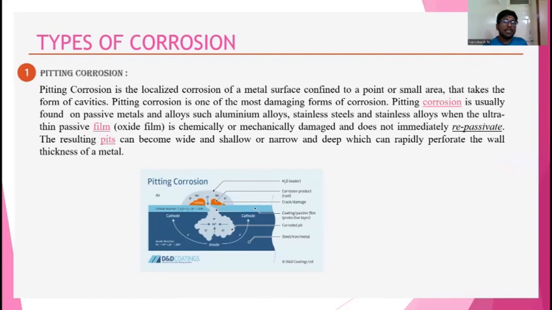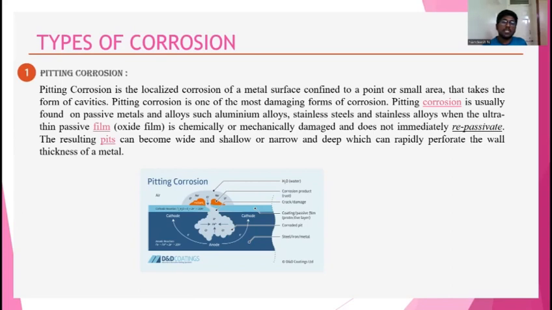Another type, pitting corrosion. Pitting corrosion is localized corrosion of a metal surface confined to a point or small area that takes the form of cavities. Pitting corrosion is one of the most damaging forms of corrosion. It is usually found on passive metals and alloys such as aluminum alloys, stainless steels, and stainless alloys when the ultra thin passive film is chemically or mechanically damaged and does not immediately repassivate.